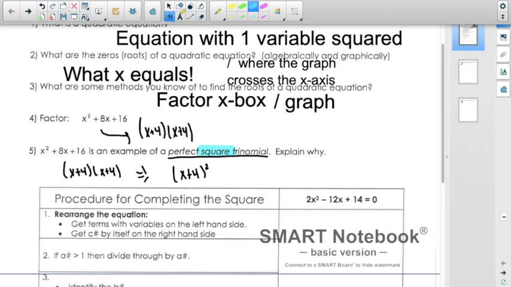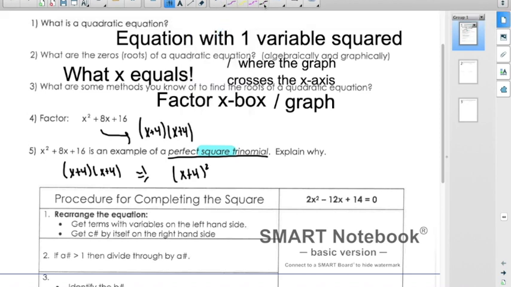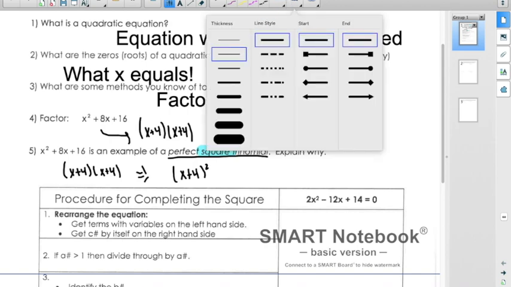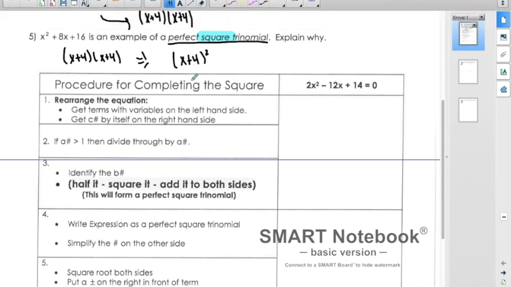Procedure for completing the square. Step 1, you've got to rearrange the equation. And the way we rearrange the equation is we want to get the terms with the variables on the left side and then get the c by itself on the right side.